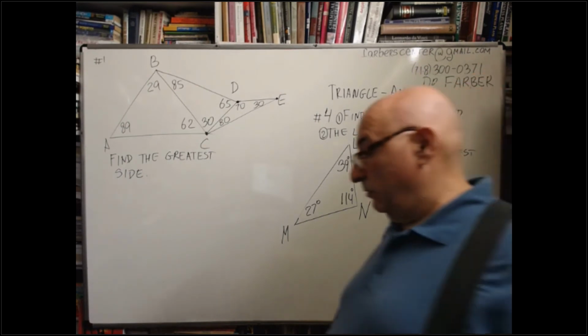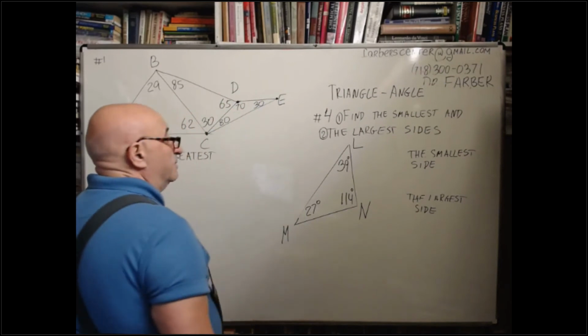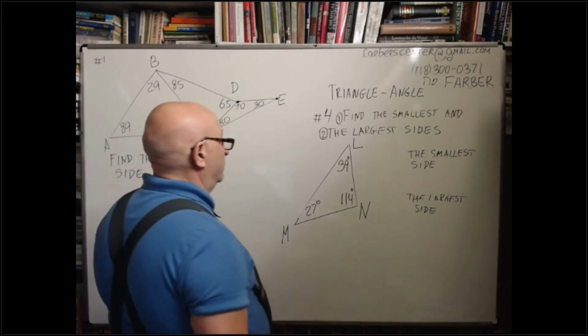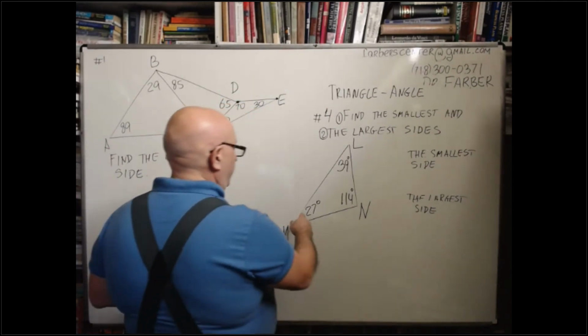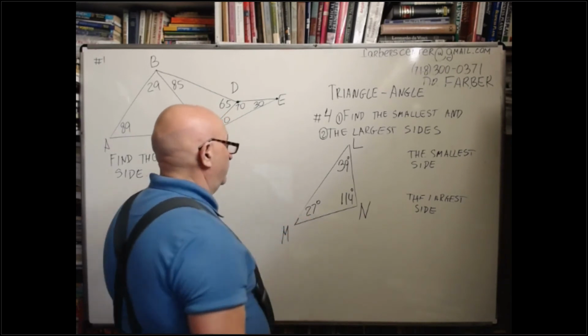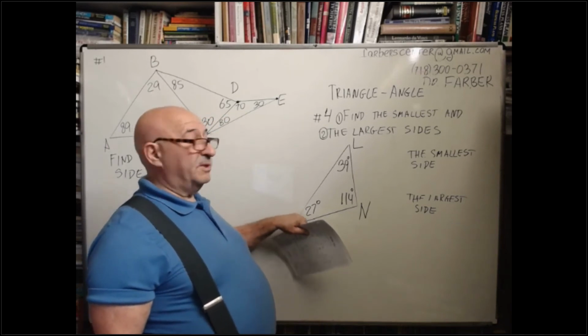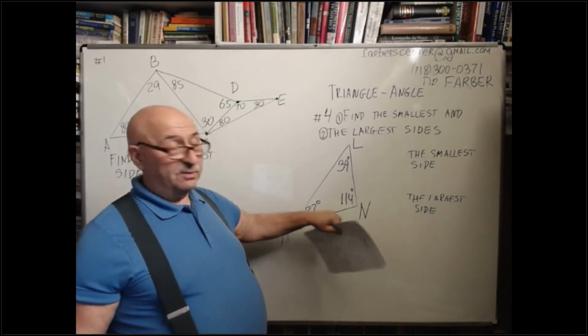You can read it back and forth. So in our case, since they ask you the smaller side, find the smallest angle. The smallest angle is 27, step number 1. Obviously it's smallest, right? 27 is less than 114.